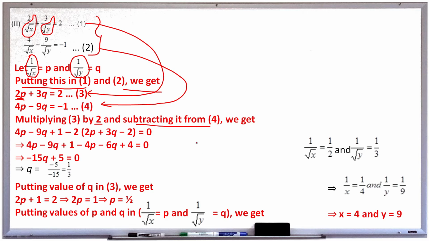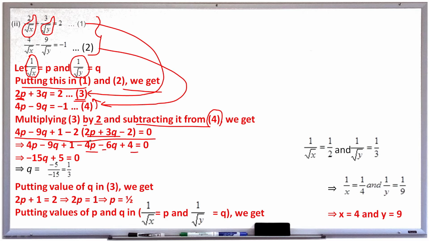After multiplying, subtracting it from 4, the value you are going to get is 4p minus 9q plus 1, minus, because we are going to subtract equation number 3. So open the bracket, 2 into 2 is 4p, minus 4p, so minus into plus is minus, and minus into minus is plus, 2 twos are 4.